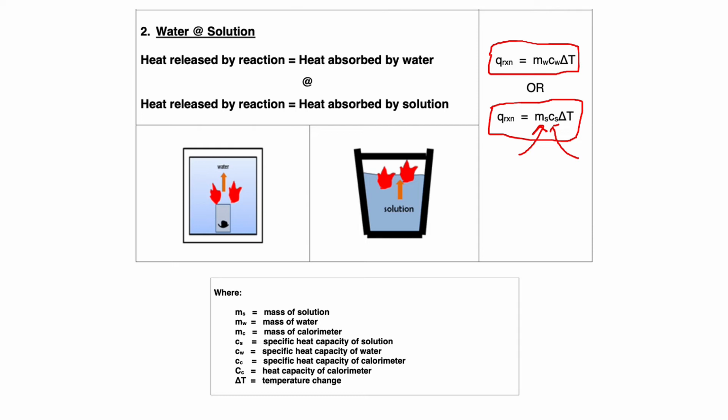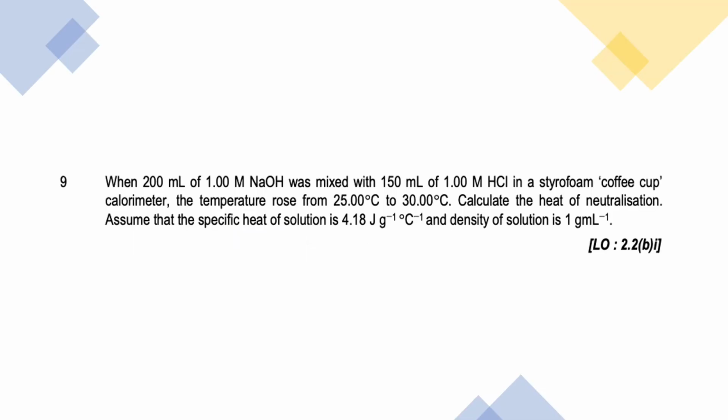All right? So how are we going to apply this kind of question? Let's take a look at the next slide. Now, this question is taken from the tutorial book. When 200 milliliters of 1 molar sodium hydroxide was mixed with 150 ml of 1 molar hydrochloric acid in a styrofoam coffee cup calorimeter, the temperature rose from 25 degrees Celsius to 30 degrees Celsius.